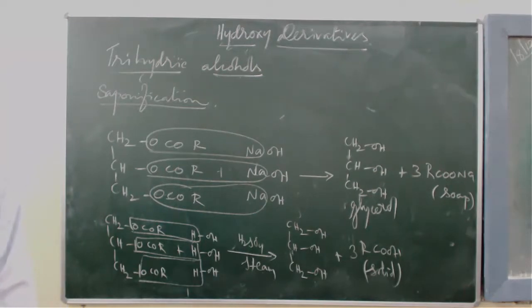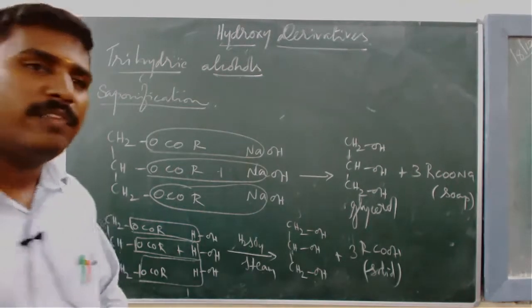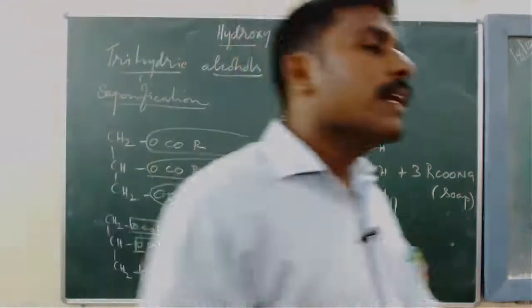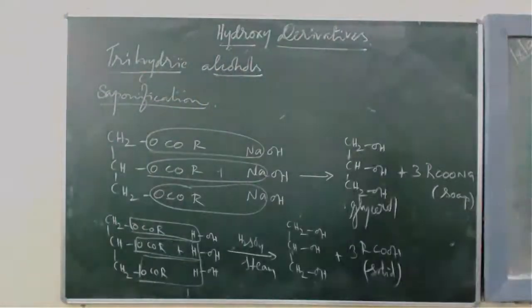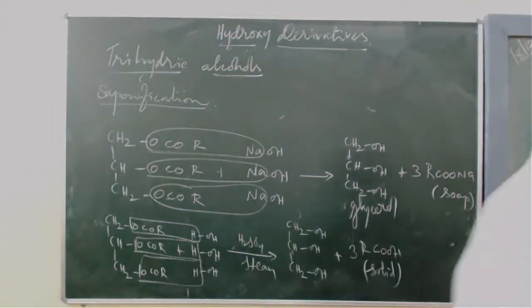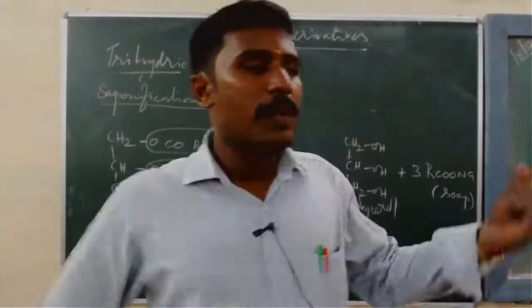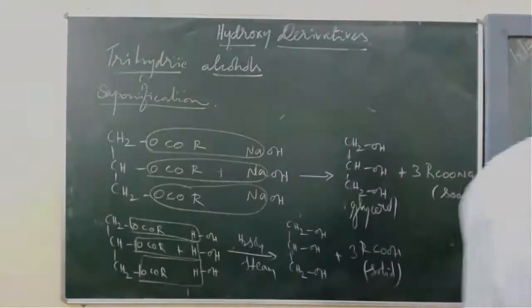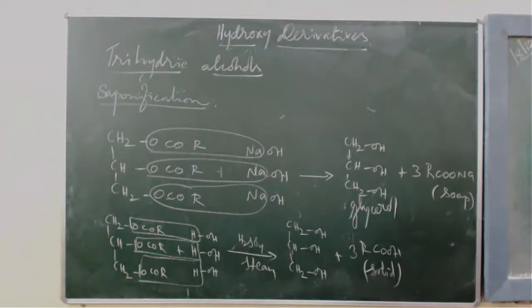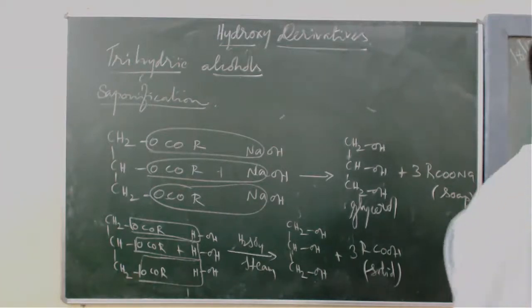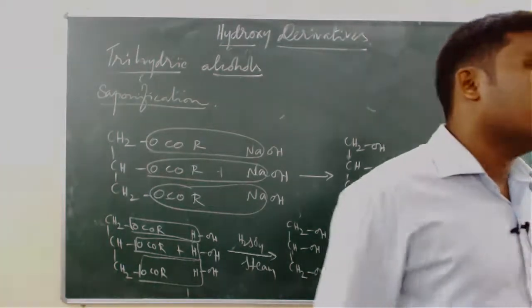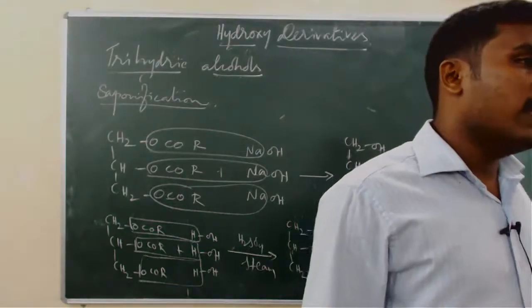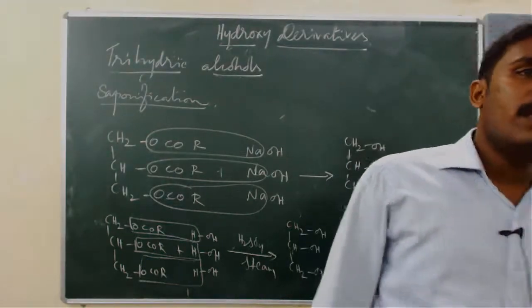In second step, sodium carbonate at 773 Kelvin, 12 atmospheric pressure. In third step, hypochlorous acid, HOCl. In fourth step, NaOH.